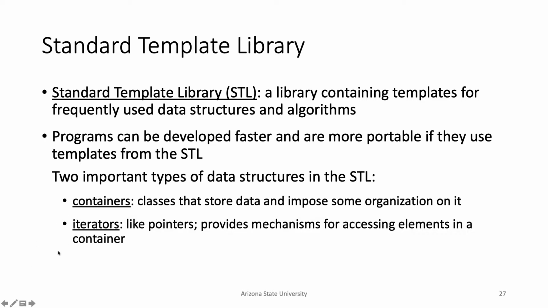We actually have been using iterators too. So how many of you have been using the range-based for loop? On the back end, it's using iterators. How many of you have written the sort function and then wrote the vector's name dot begin and then the vector's name dot end? Those are iterators too. So we've been using containers and iterators this entire time. Might as well talk about them.